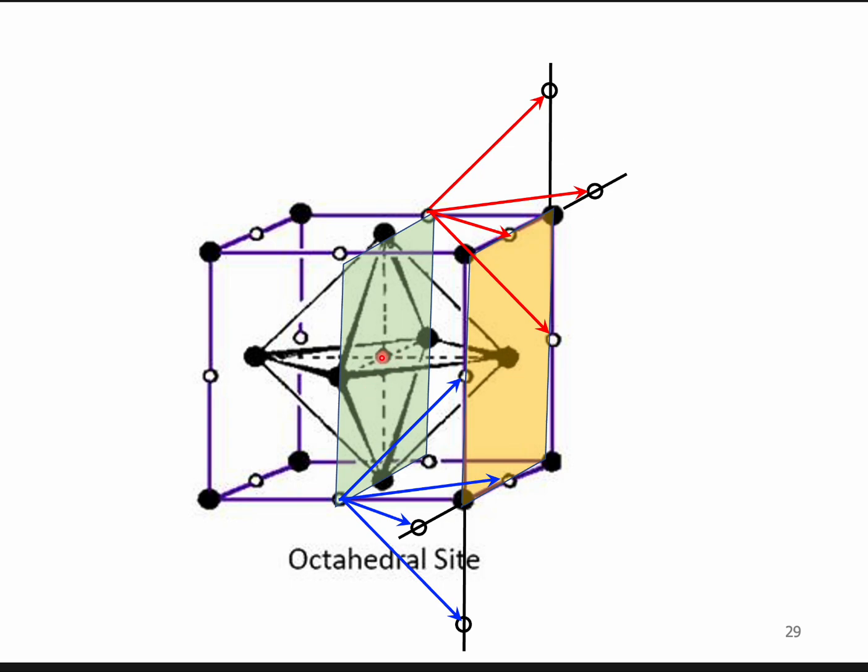And how about the interstitial site at the center of this cube? Take a look. This interstitial can also jump in 4 directions, to the front, back, upper, and lower locations. And interestingly, this direction is parallel with this and this.